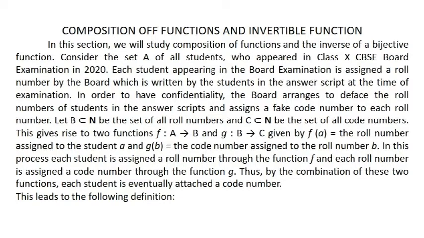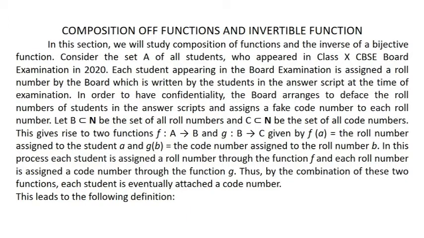This gives rise to two functions, f maps A to B and g maps B to C, given by f of a equal to the roll number assigned to the student a, and g of b, the code number assigned to the roll number b.